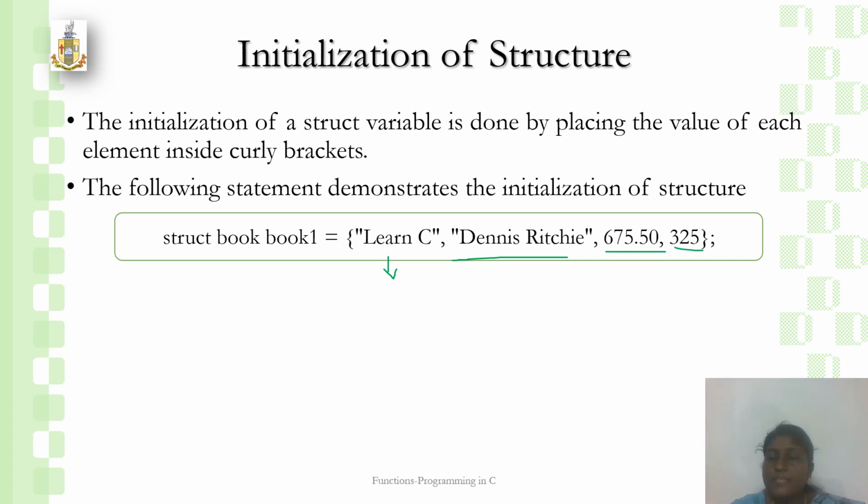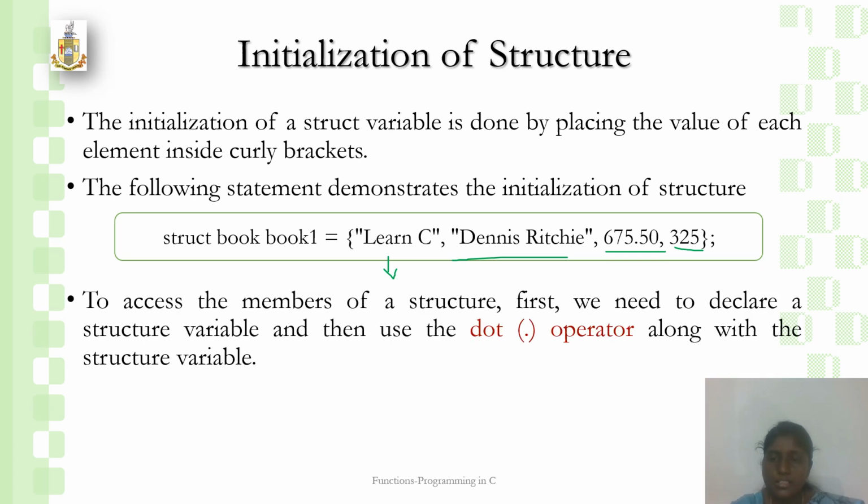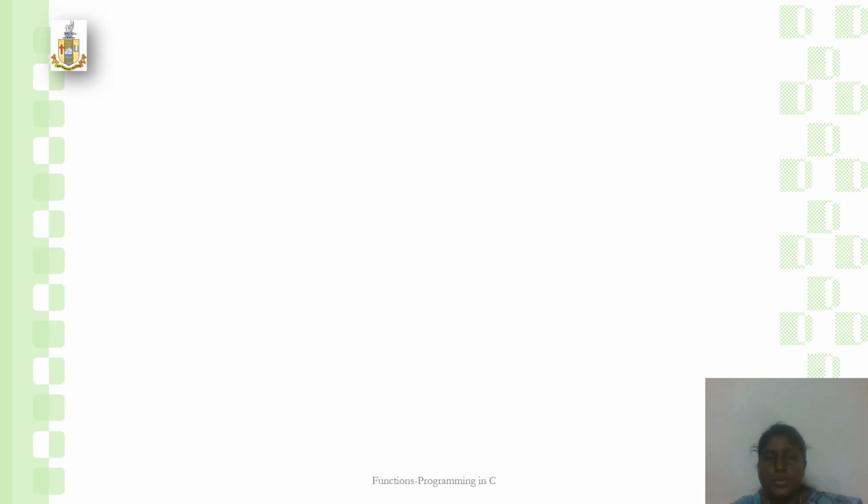So this is how the values of the variables which we have declared in the structure will be initialized. To access all these members, we will use the dot operator along with the structure variable.